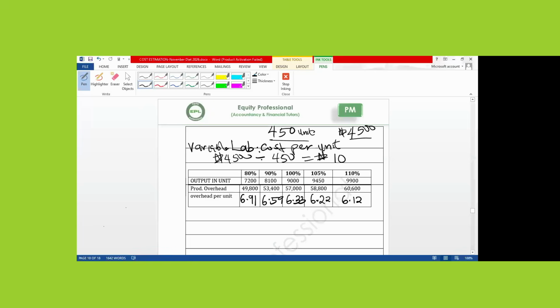Now what can you draw from this? Mixed cost. You observe that from the beginning, as production increases, total overhead cost also increases. But overhead cost per unit falls.